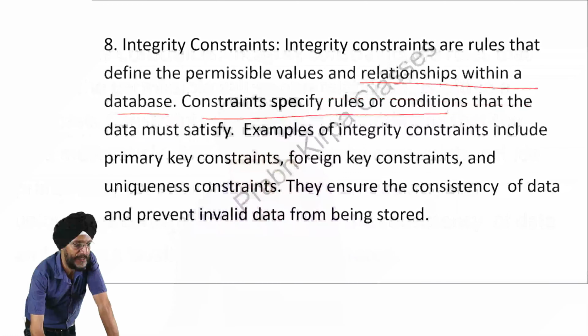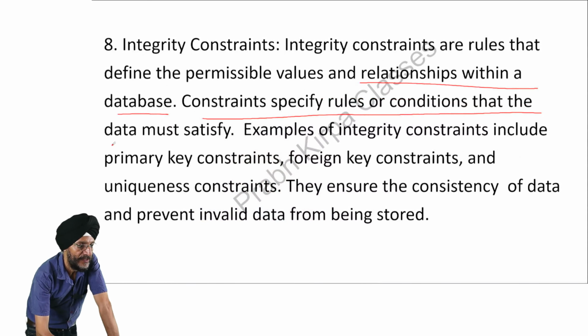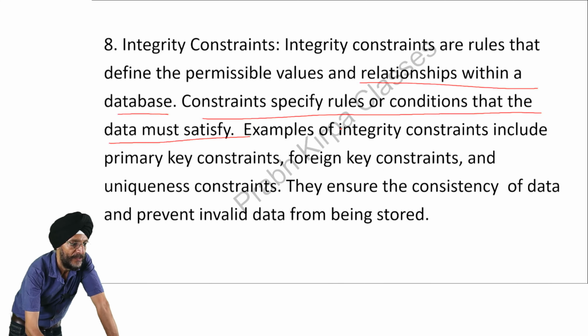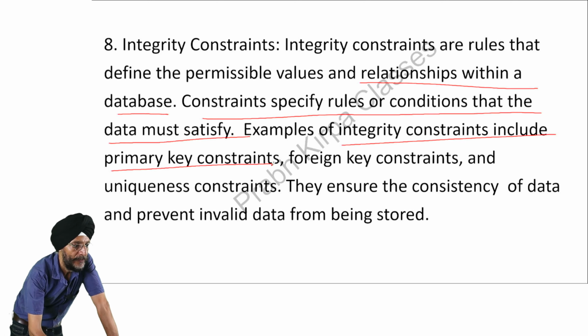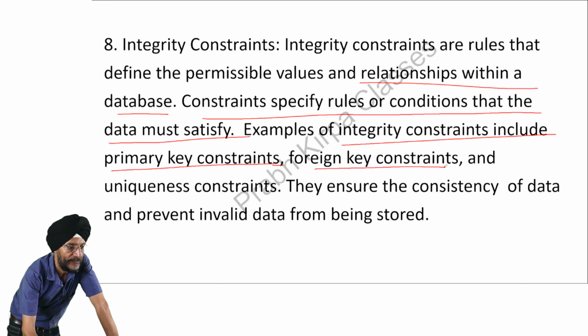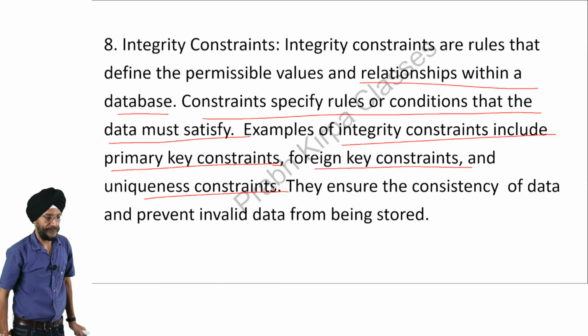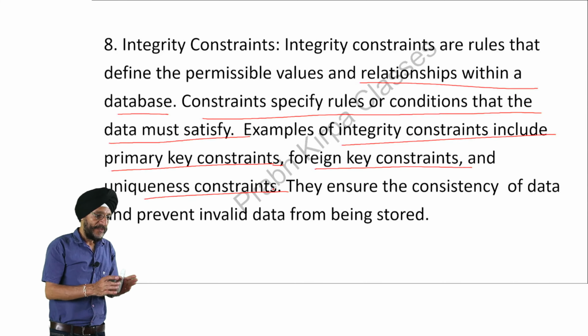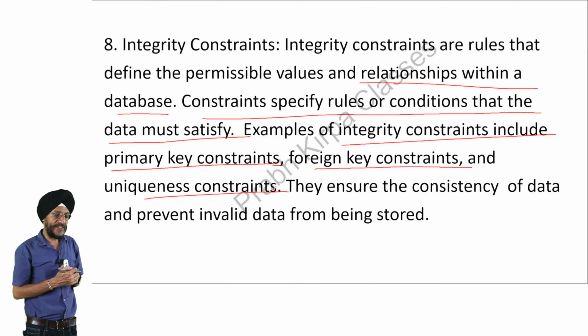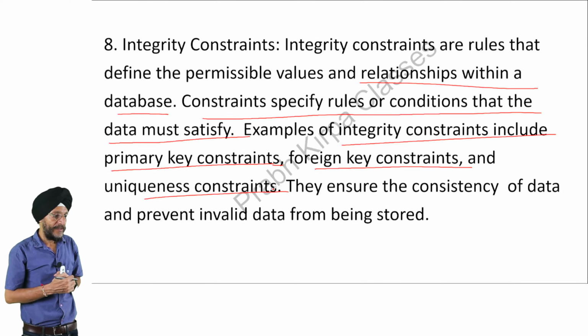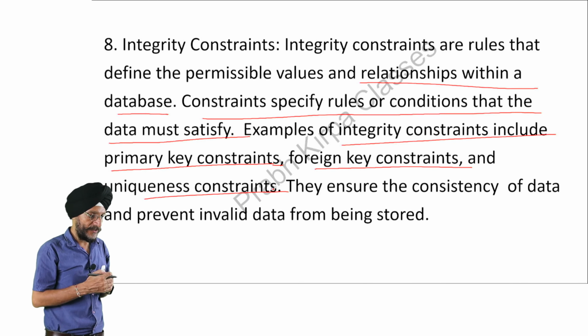Constraints specify rules or conditions that the data must satisfy. Examples of integrity constraints include primary key constraints, foreign key constraints, unique constraints. They ensure the consistency of data and prevent invalid data from being stored.